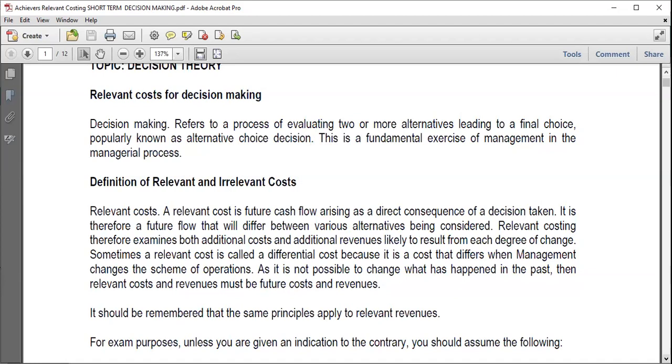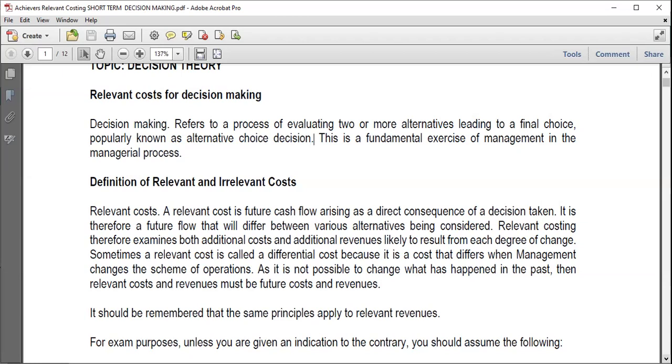One of the things that you have to know about relevant costs is that they are future in nature, meaning that once you make that kind of decision, that cost will be incurred ahead of your decision. And that's why we are also going to look at irrelevant costs. One of the characteristics of irrelevant costs is that they have already happened.